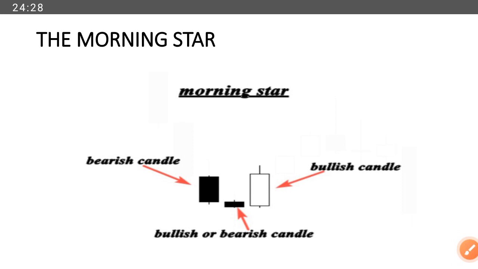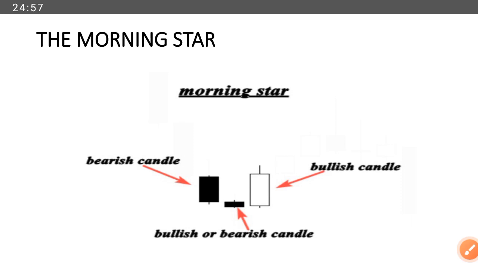The small candle can be bullish or bearish. It doesn't matter. But the third one must be a bullish candlestick. What does this mean? It means that price is likely to reverse and start going up.